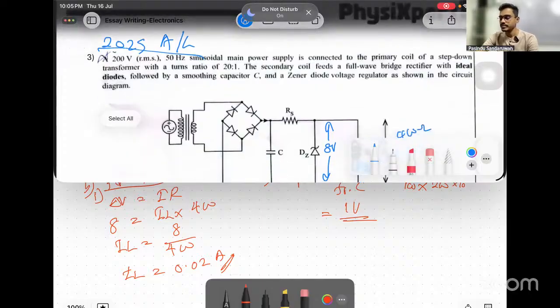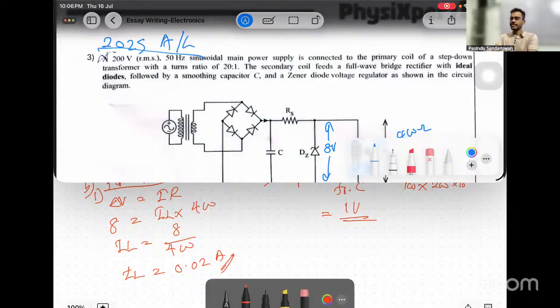Some students are thinking that rectifiers are not asked. Now the last year, this entire essay is from rectifiers. The reason was there were not many questions from rectifiers in the recent years, so some students didn't practice the rectifier, and sometimes even in classes also.